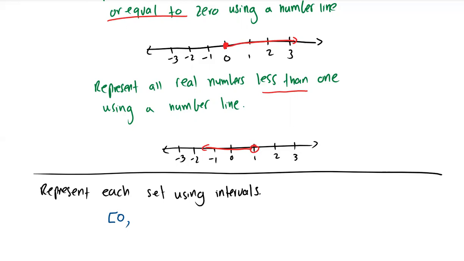So you put a comma, and then I can't really put another number here, because if I do that, it means that I'm only looking for numbers between 0 and, for example, 7, including 7. So since I want all real numbers greater than 0, you write the infinity symbol. And anytime you write the infinity symbol, you want to use a parentheses.